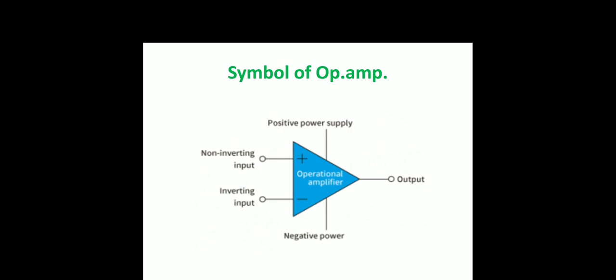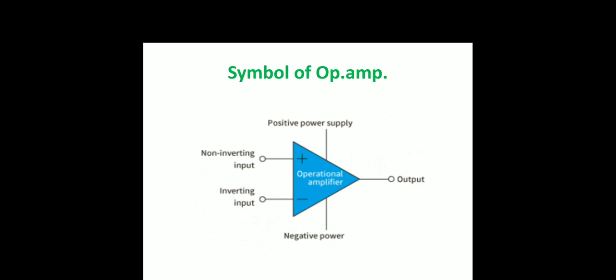Here, the standard triangular symbol for an op amp is shown. It has non-inverting and inverting input terminal and single-ended output. The plus and minus signs have been marked. The plus input or non-inverting input, when an AC signal or DC voltage is applied to this input, produces an in phase or same polarity signal at the output.